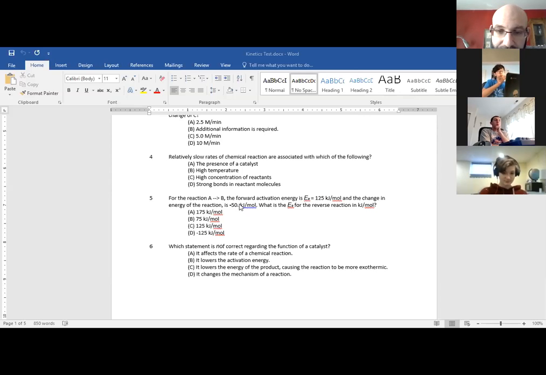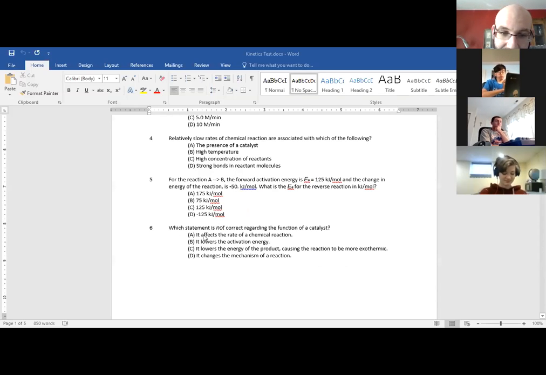And it takes 125 kilojoules to get to the top. So we would just take 125 and add it to 50 and we get 175. And 6, what does a catalyst not do? All right, it doesn't do C. Catalysts don't make reactions exothermic. They don't make reactions endothermic. They just change the mechanism and make the activation energy lower, but they don't make things exothermic or endothermic.